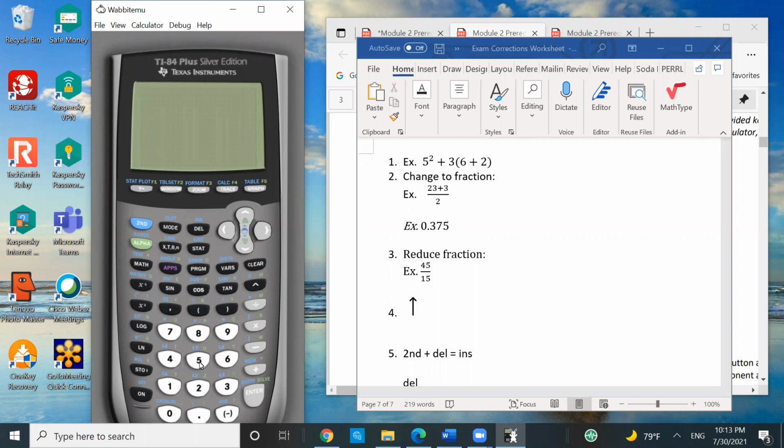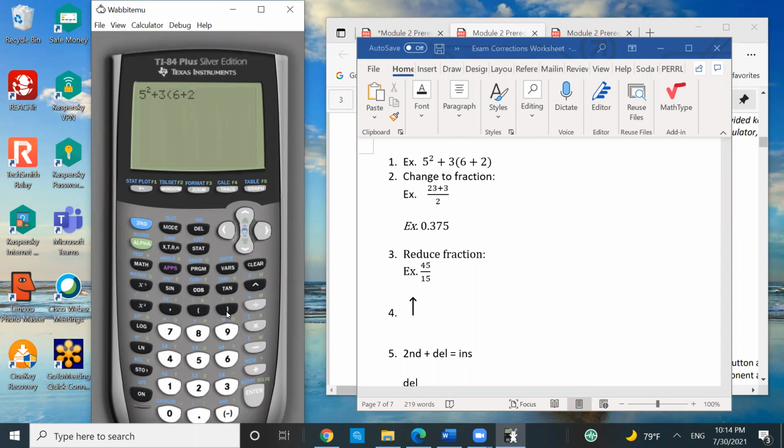So 5 squared. For squared, we use the exponent button. Hit this one, and hit 2. And then hit the right arrow so the cursor comes down, plus 3, parentheses, left parentheses, 6 plus 2.